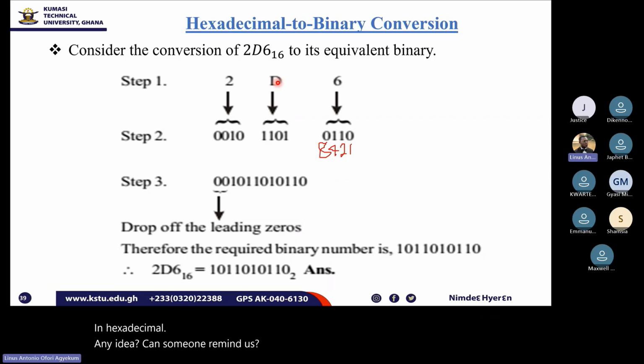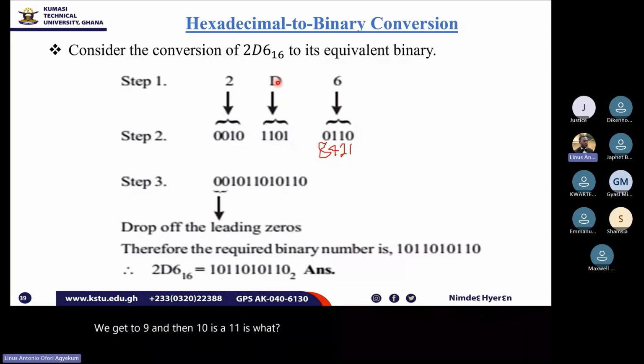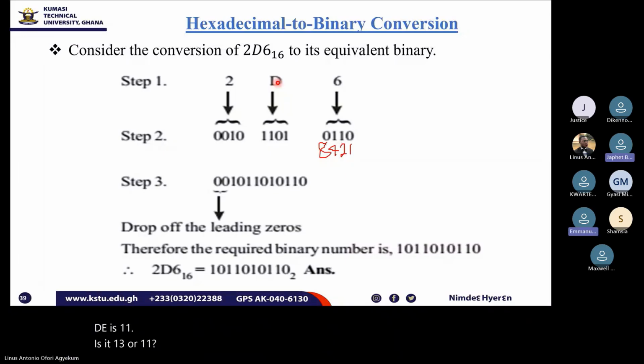For hexadecimal, we start from 0, we get to 9, and then 10 is A, 11 is B. D is 13.